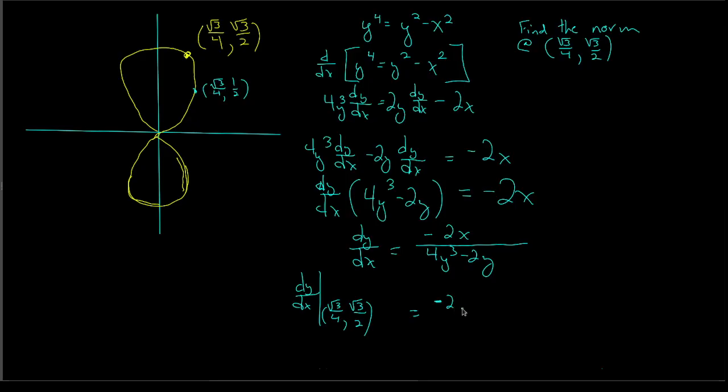So negative 2 times root 3 over 4, over 4 times root 3 over 2 cubed, minus 2 times root 3 over 2.